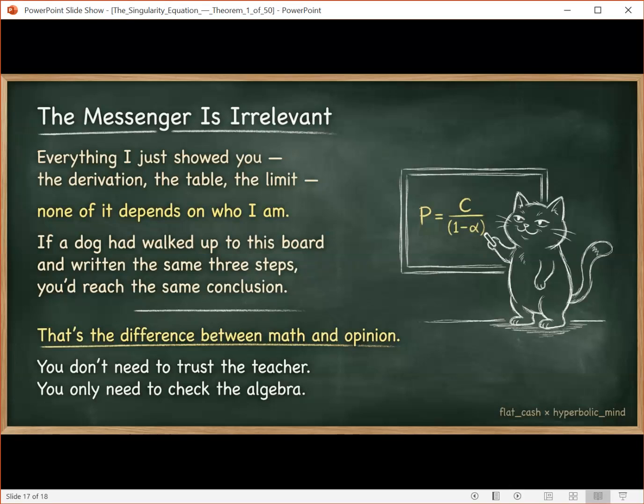What the Apple price is going to be 1 year from now is just an opinion. What the price of Bitcoin is going to be 1 year from now is just an opinion. But what is the price of SAVE token exactly 1 year from now? It's not an opinion. It's math. So you don't need to trust the teacher. That's the point, right? I could be a cat and all of this would still be true. You only need to check the algebra.